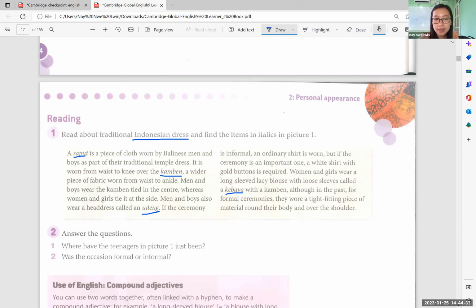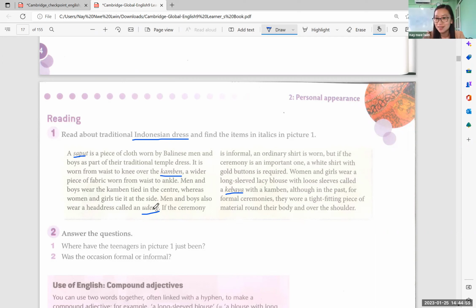Did you find out all the items here? Only the final one. The final one, which one is that?